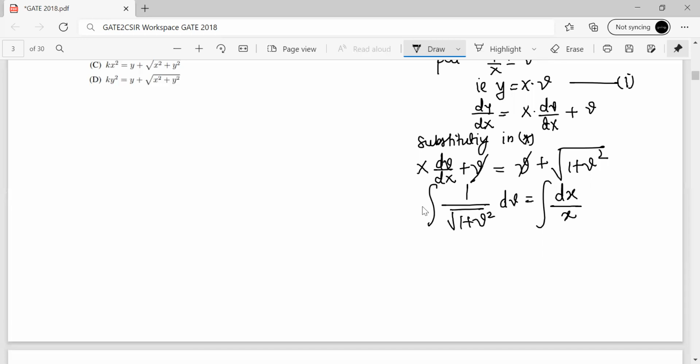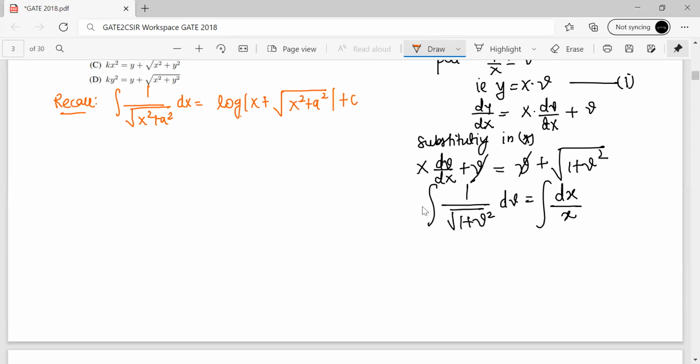And once I integrate this, let me write down the formula in case you don't remember it. I recall the integral of 1 over under root x square plus a square dx is log of x plus under root x square plus a square plus c.